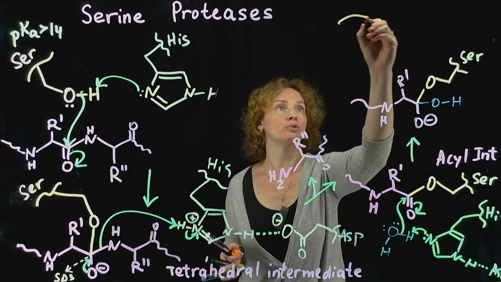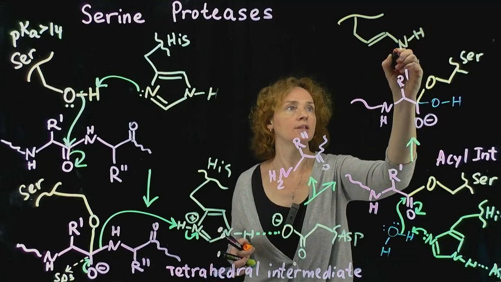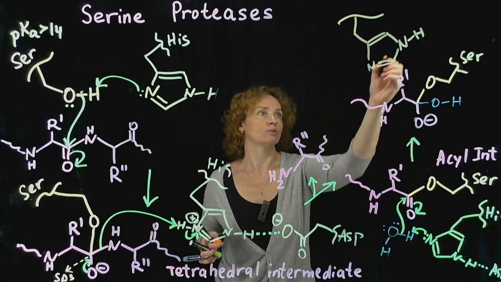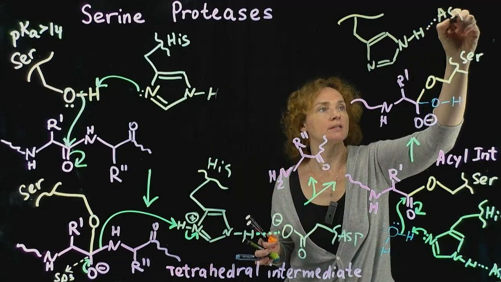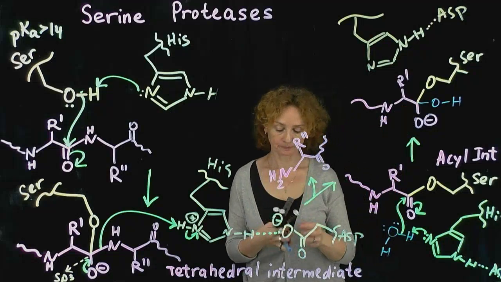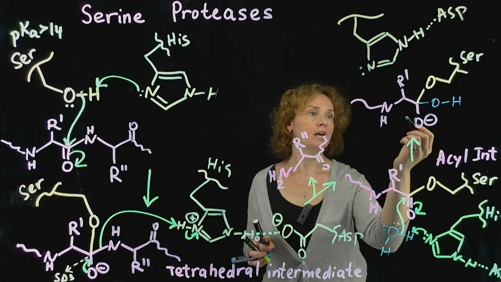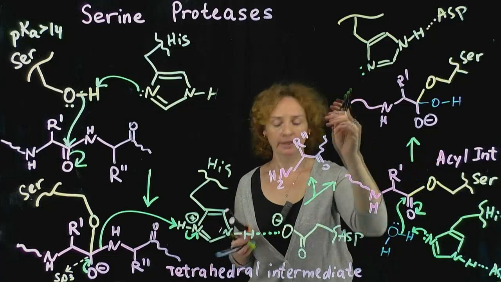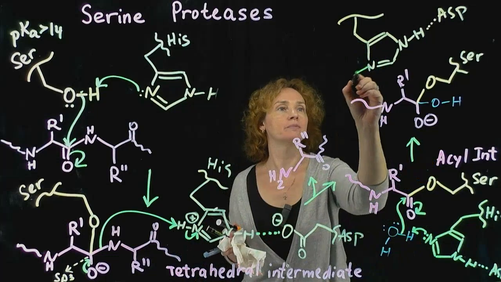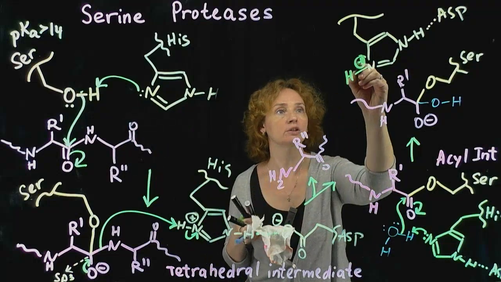So now I'm going to draw it right here. So I have histidine as a base again. And of course, it is still bonded to aspartic acid. And so, one more time, histidine serves as a base because, sorry, why is it a base? It should be an acid because it abstracted the proton. Otherwise, we will not be able to actually reconstitute the original state of the enzyme.